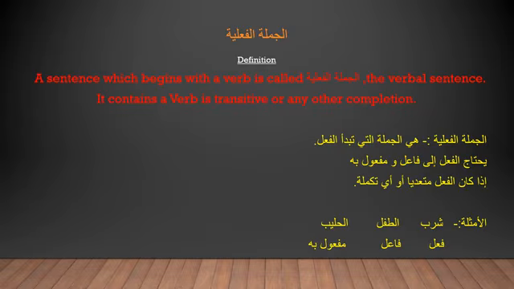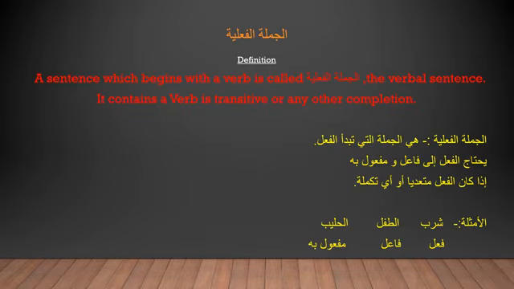A sentence which begins with a noun is called jumlatul ismiya, nominal sentence. Example: al-bustanu jamilun, the garden is beautiful. The sentence begins with a noun. That's why it's called jumlatul ismiya. Here we are discussing jumlatul fi'liya, the verbal sentence, which begins with a verb.